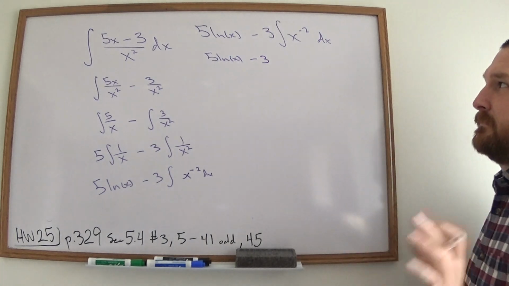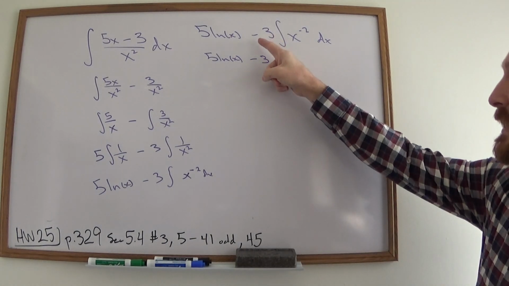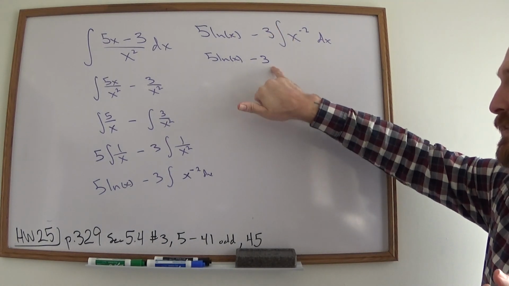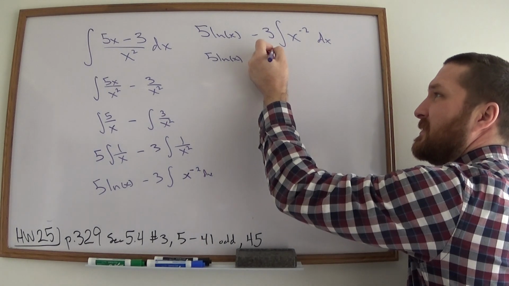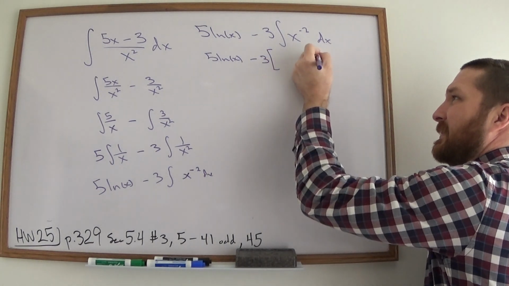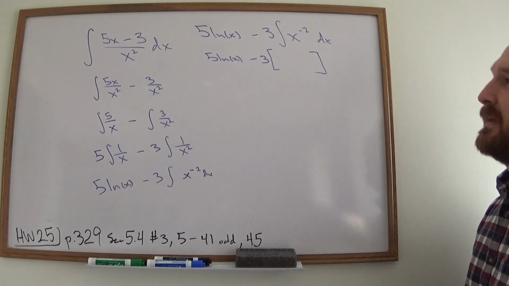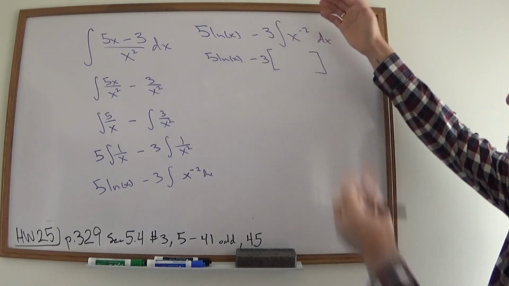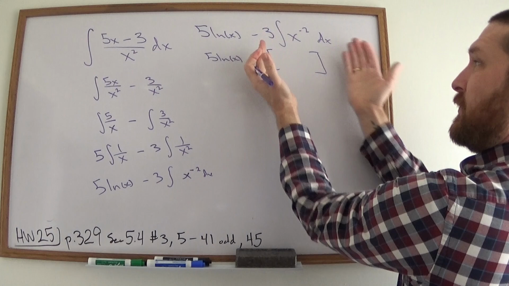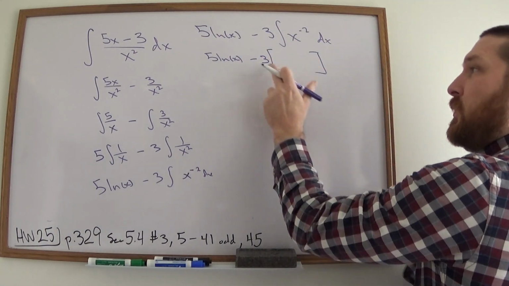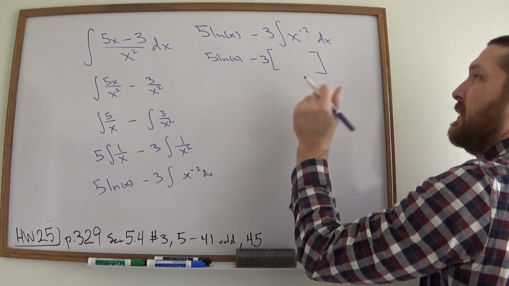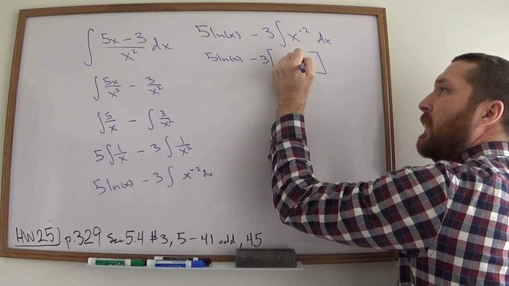Now check this out. You have a negative here, and I'm going to suggest that you do something like this. That's just going to make your life easier because it's 3 times whatever this is. So 3 times this right here is x to the what?